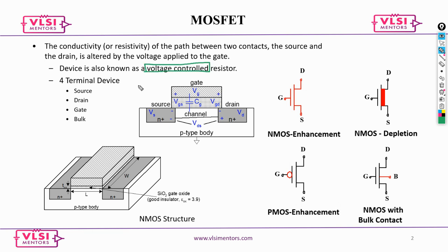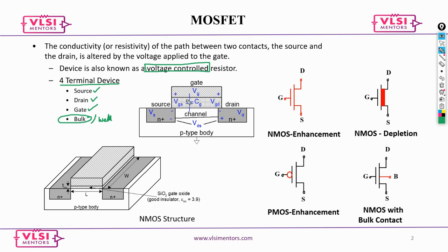It is basically a four-terminal device. The main terminals are source, drain, and gate, and the fourth is the bulk, or well.